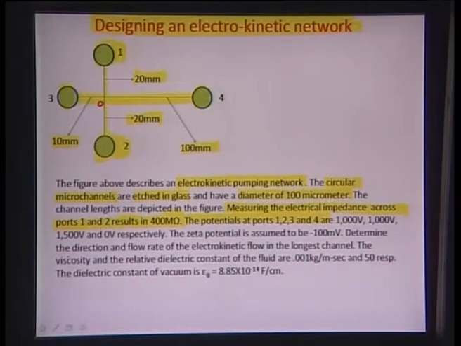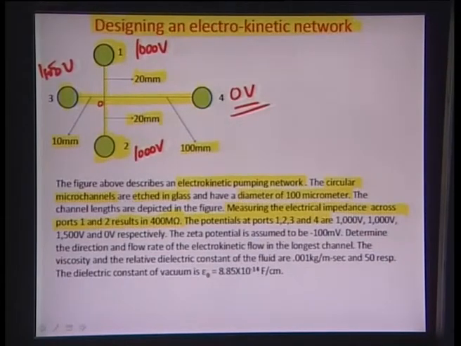So, let me just write that down here. The potential at port 1 is about 1000 volts of applied potential, the same goes for port 2, another 1000 volts, and then port 3 is about 1500 volts and port 4 is about 0 volts. So, there is essentially no potential applied on port 4.